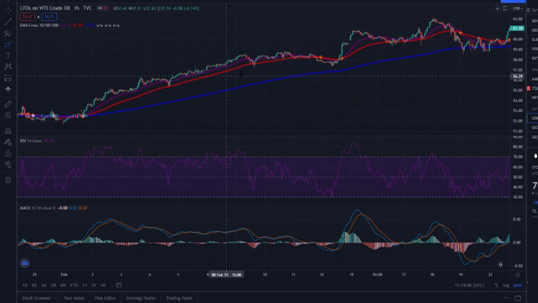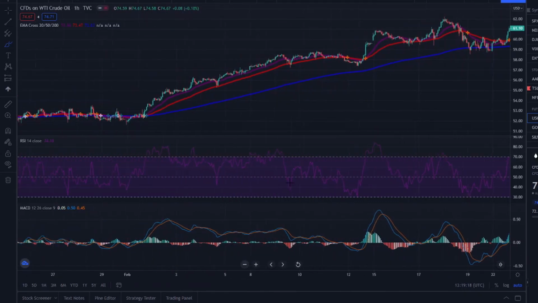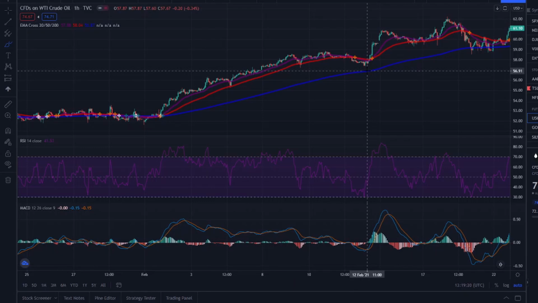And suddenly what happens here is that the 20 EMA and the 50 EMA come closer together, while at the same time coming closer to the 200 EMA.